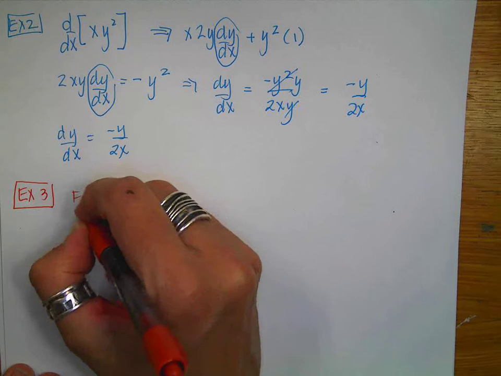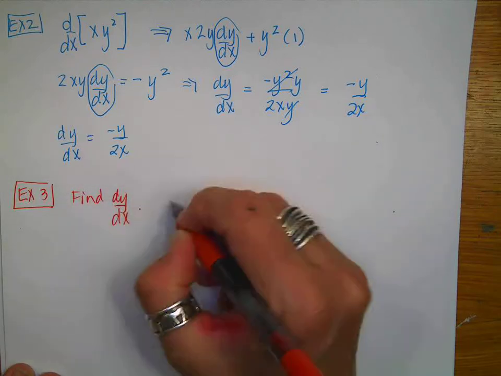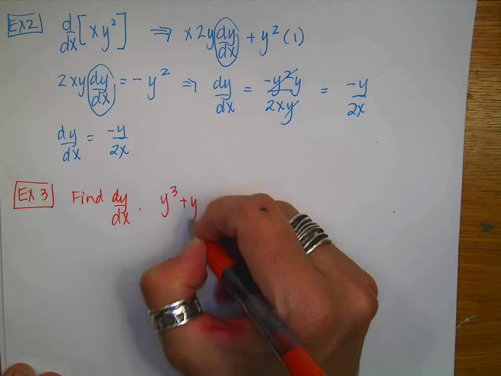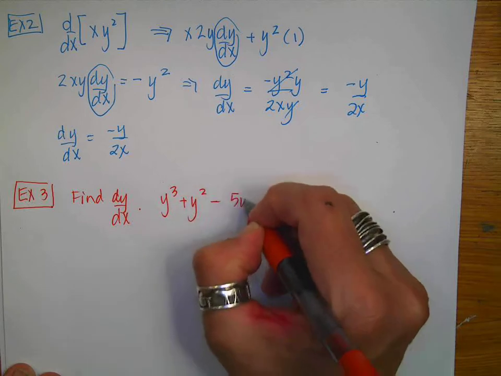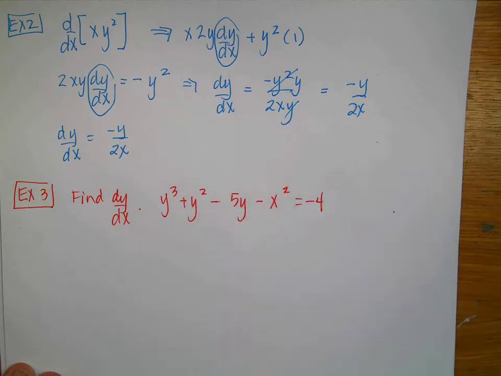The third example says find dy/dx, and I'm going to have y cubed plus y squared minus 5y minus x squared is equal to negative 4. If you look at this equation, sometimes you can solve for y, and it's pretty easy.